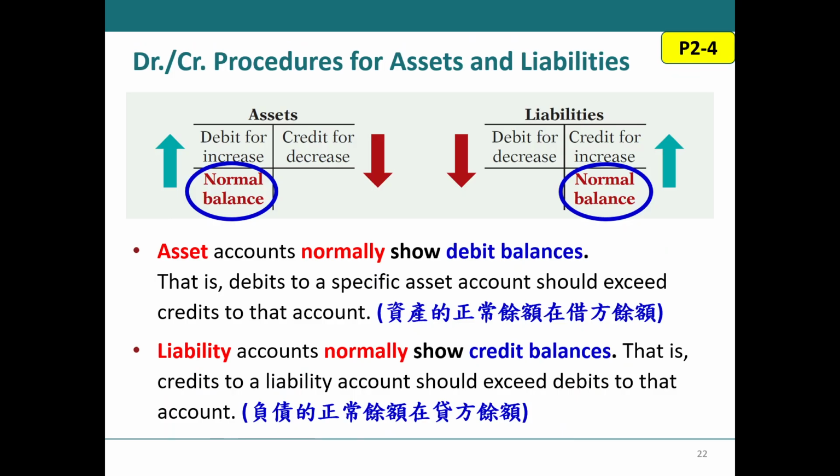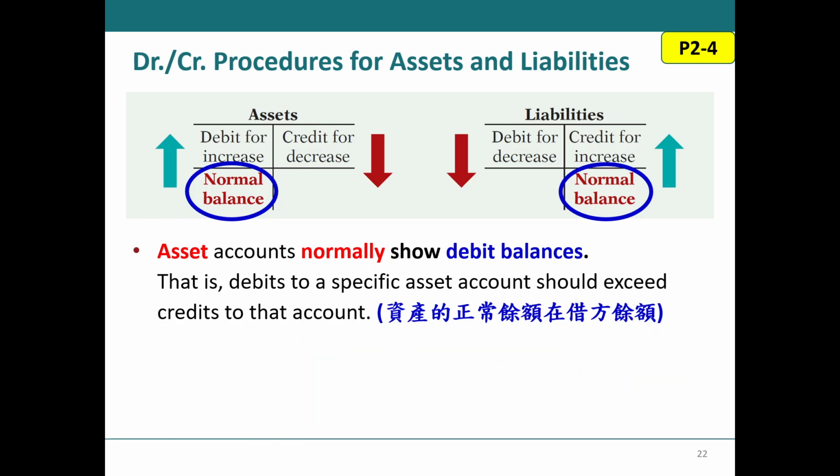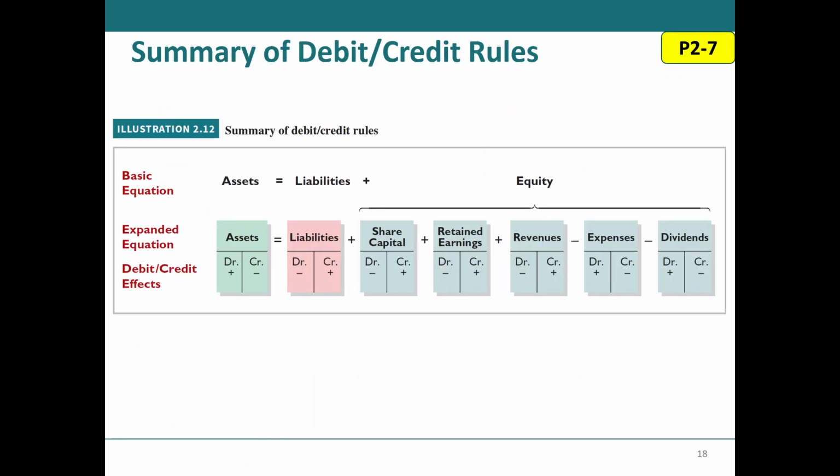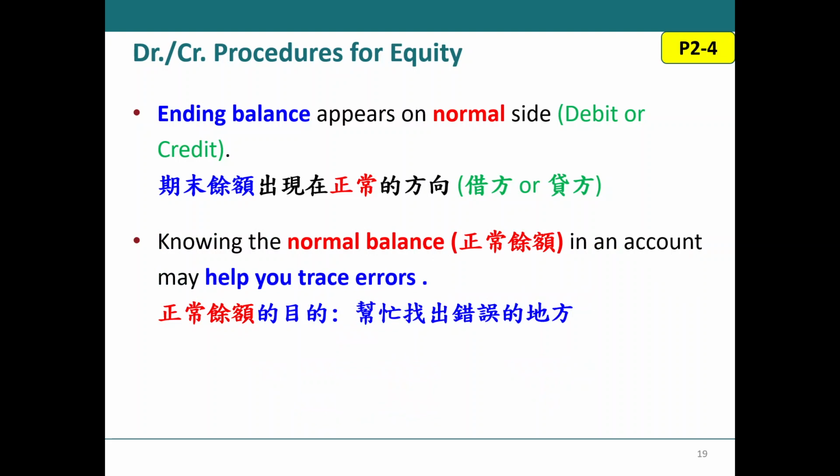So you can go to the slide on 19, or your textbook 2-4. For your ending balance, 期末余额 means final amount.